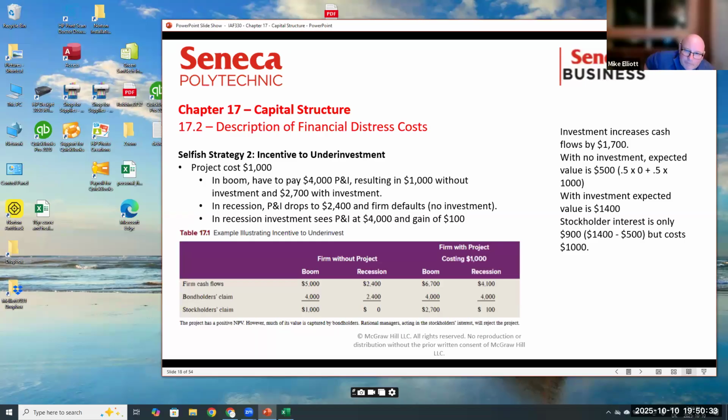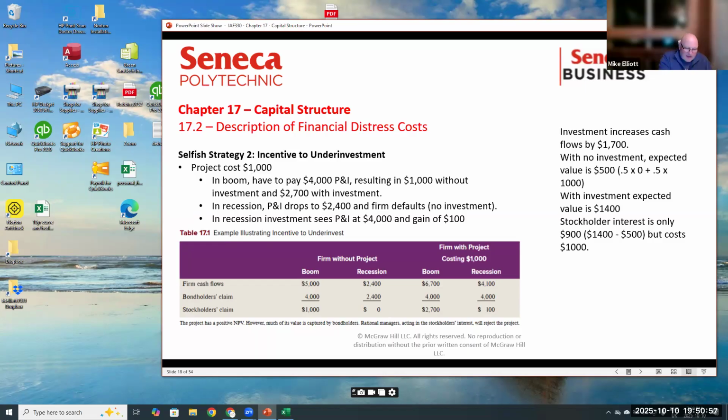So even though it's the right thing to do, even though it's got a positive NPV, we're not going to invest, because the most we could get out of this in the event of a recession is $100. If we did nothing, the most we would see is zero. To get to this $100, we had to invest $1,000.